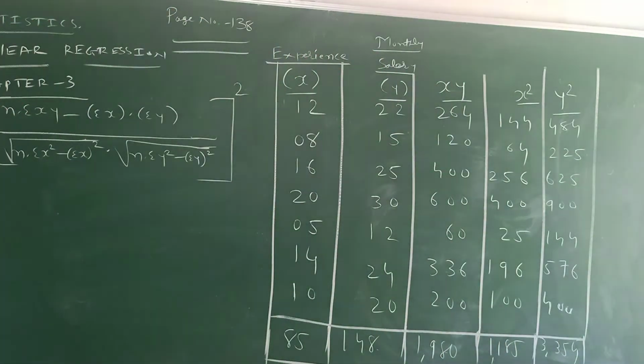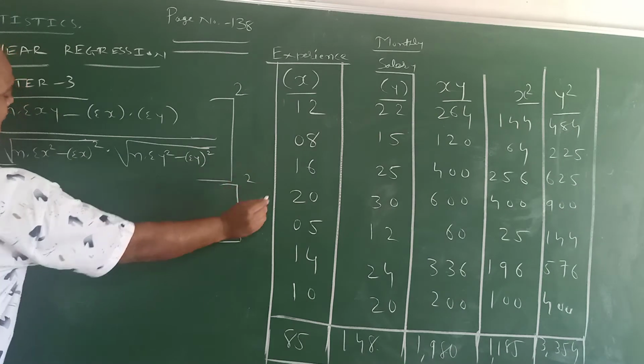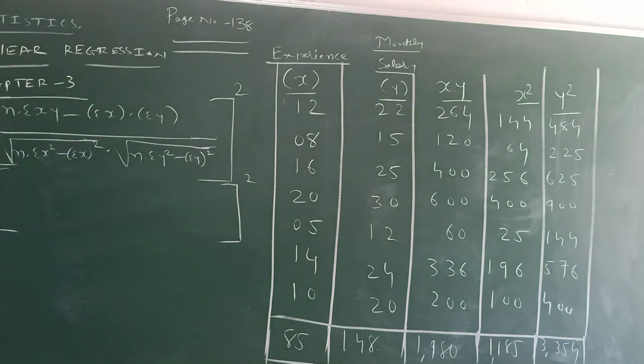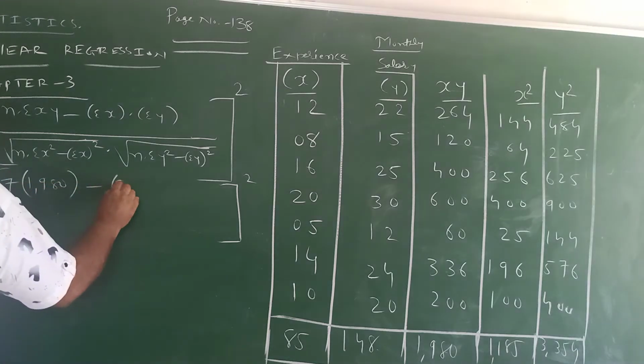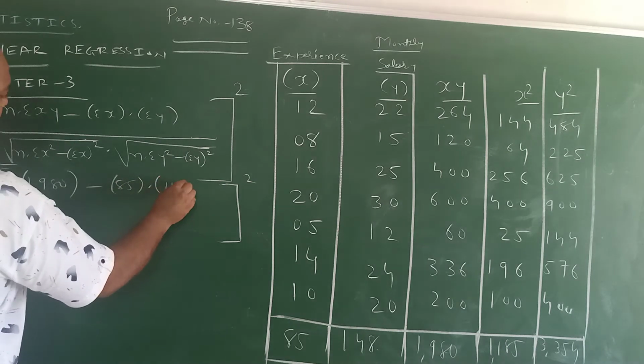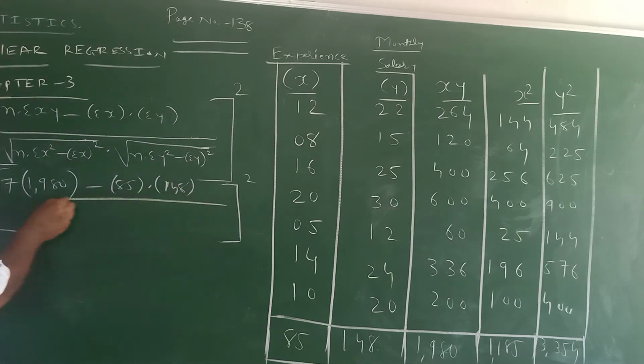Now n is 1, 2, 3, 4, 5, 6, 7. The value of sigma xy is 1980 minus sigma x 85, 148 sigma y.